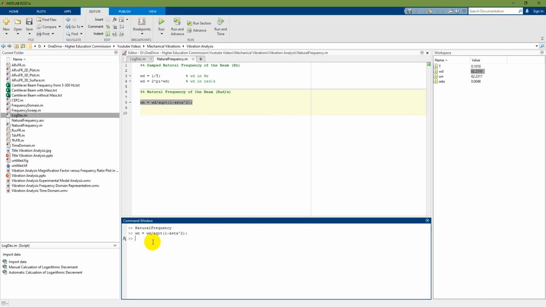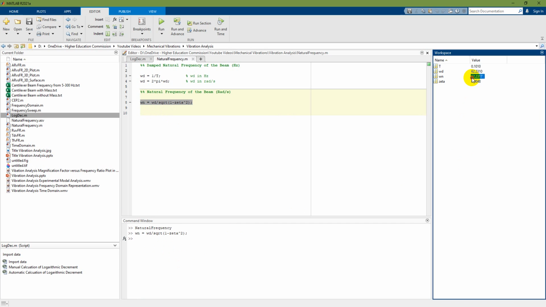This way the natural frequency comes as 62.32317. There is a slight difference between damped natural frequency and natural frequency, and that is due to the very low value of zeta, which is 0.0048.